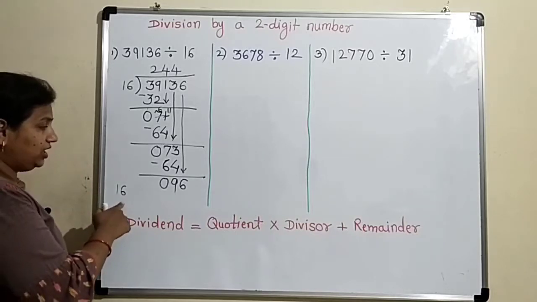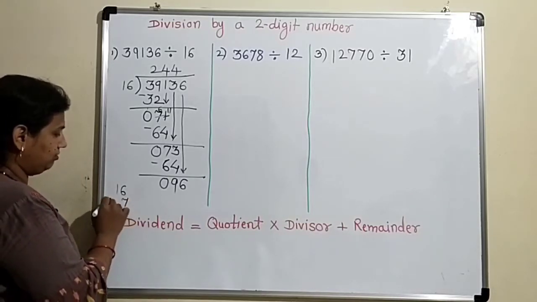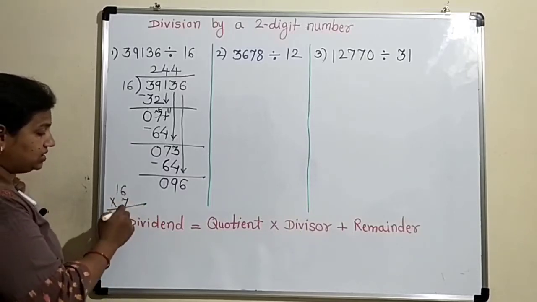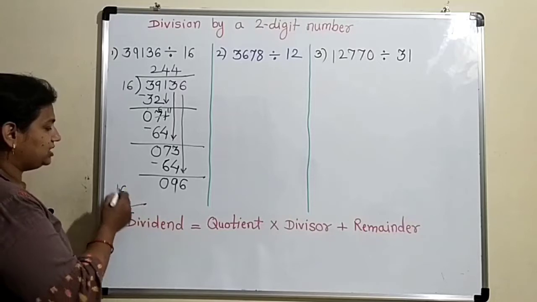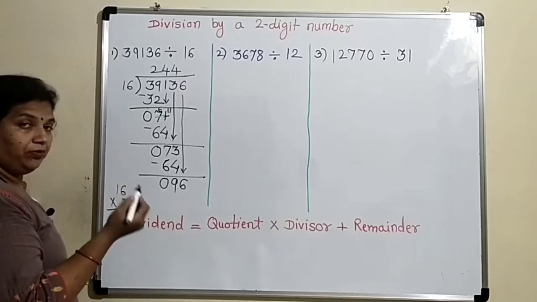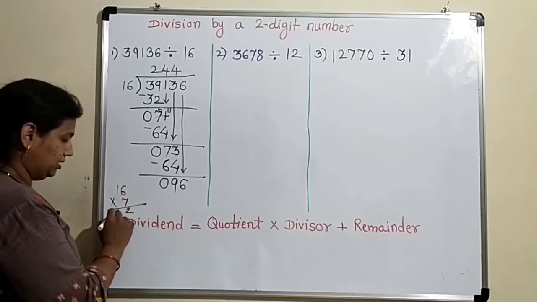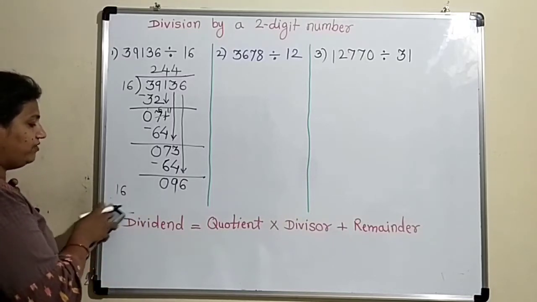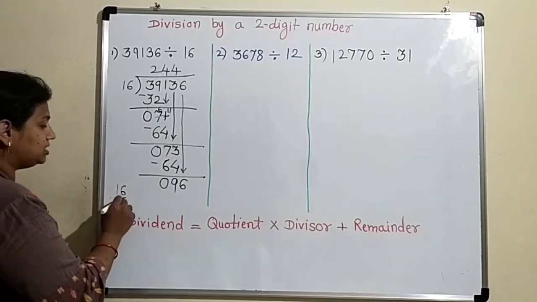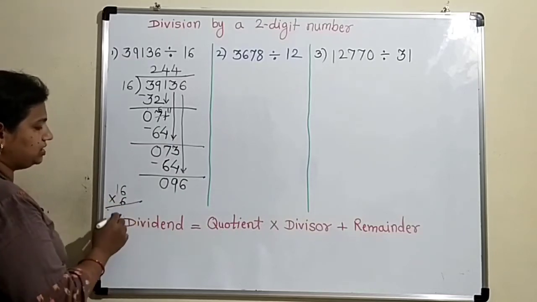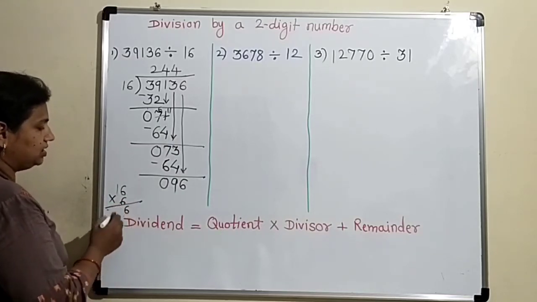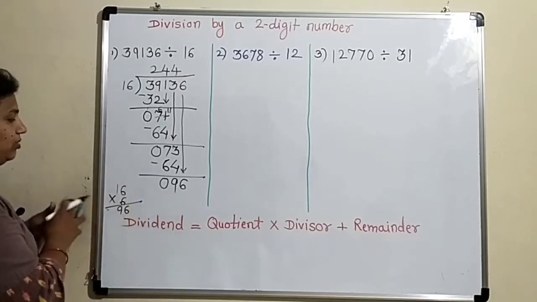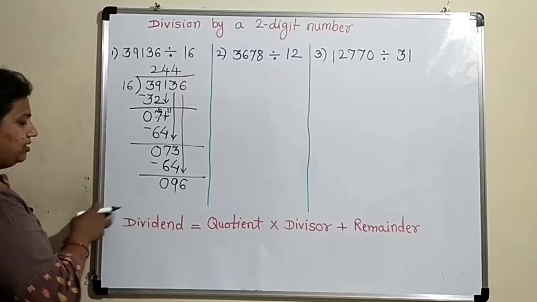So now let us check 7s. 7 sixes are 42, 4 is carried, 7 ones are 7 plus 4, that is 11, so 112. It is bigger. So I will check 16 sixes. 6 sixes are 36, 6 ones are 6 plus 3, 9. Yes, I got the same number at the 6th place, right?